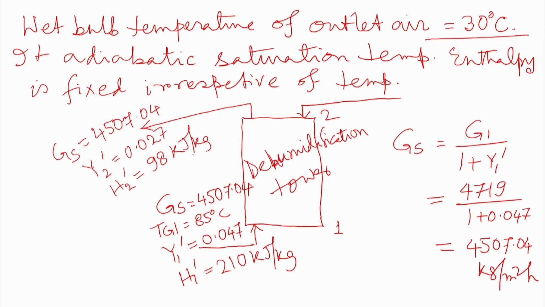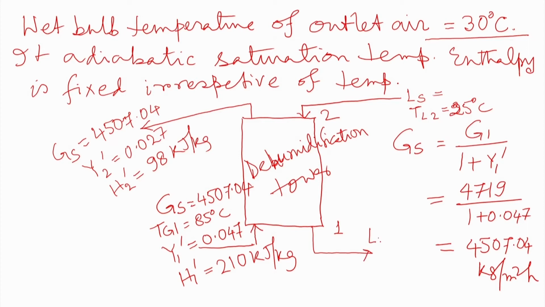And here the cold water is entering, and we need to find out its liquid flow rate. We know that TL2 is already given as 25 degrees Celsius, and the hot water will be coming out.